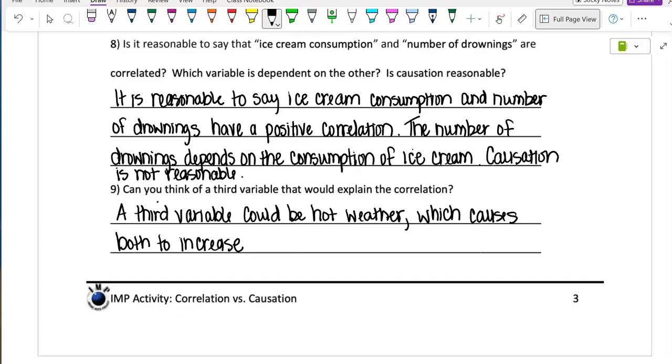So again, a scatter plot can show us a relationship, but we have to be cautious that it doesn't mean that one causes the other. There could be a third variable in the works that is causing both.